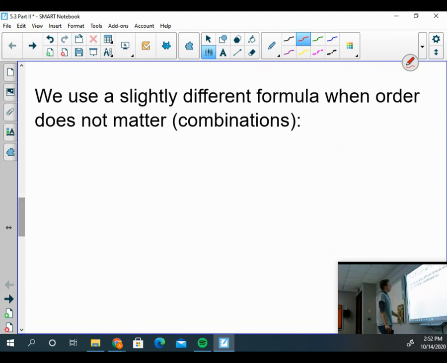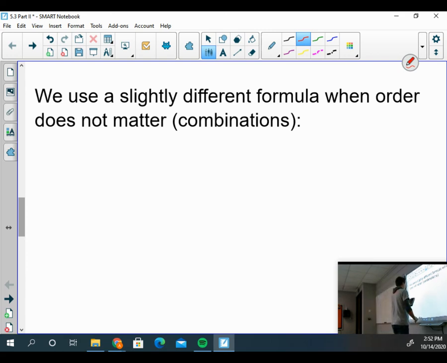Well, what happens when order doesn't matter? The formula is very similar. The formula for combinations, aka when order doesn't matter, you could think of rolling 2 dice. Doesn't matter which one's a 1 and which one's a 2 in most games. That would be a situation where order does not matter.